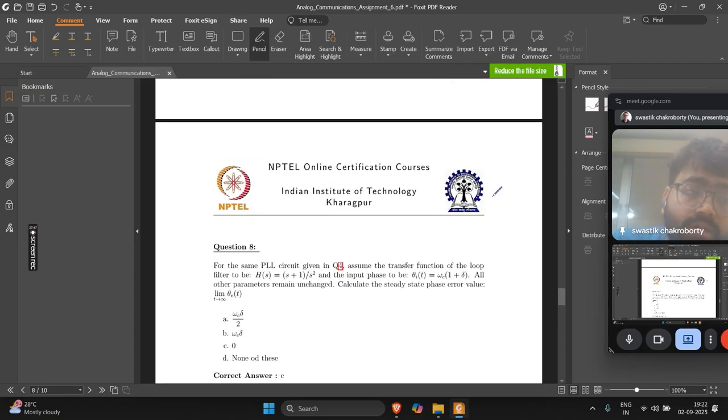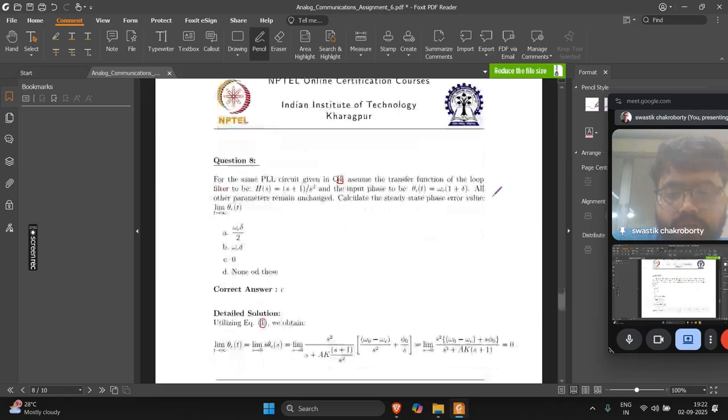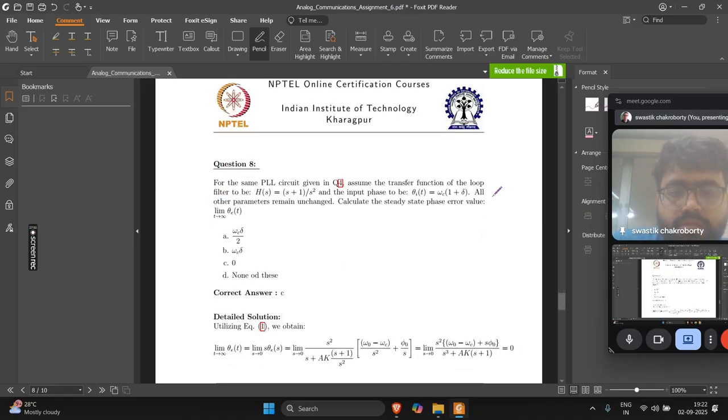Now again with the same circuit, this time the transfer function of the loop filter is (s plus 1) by s square, and the input phase is delta. So again we are going back to small phase error analysis because delta is very small.